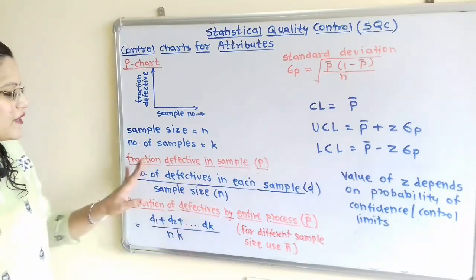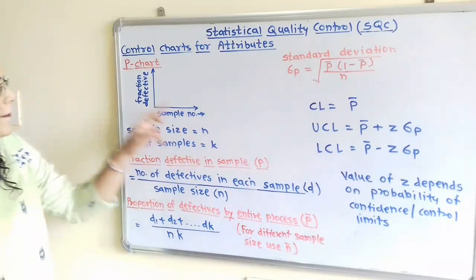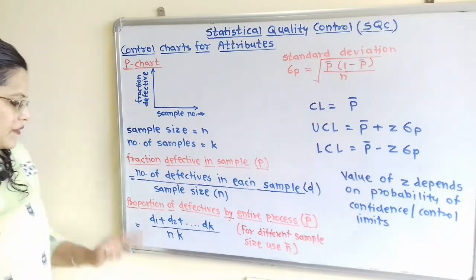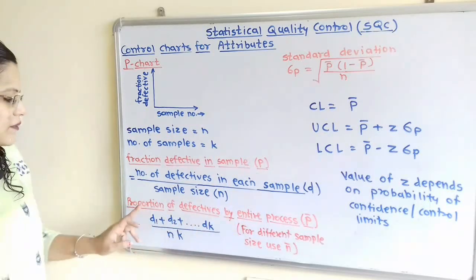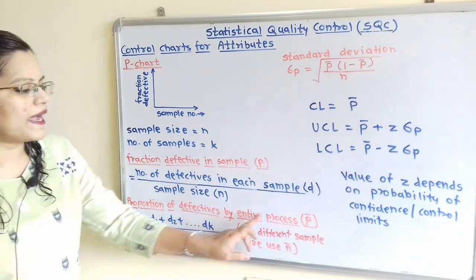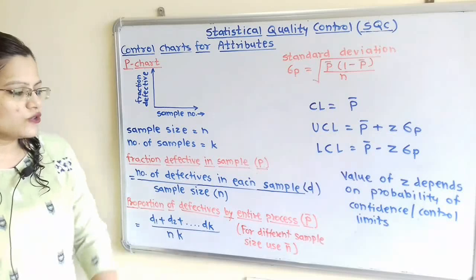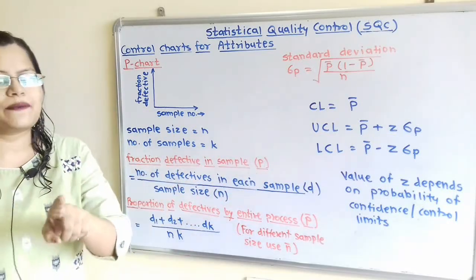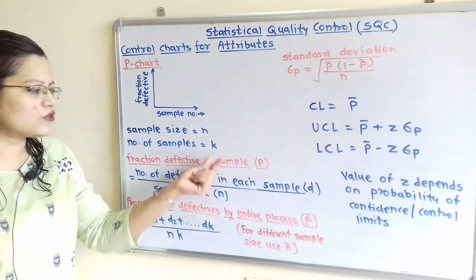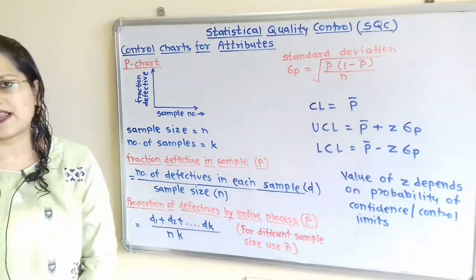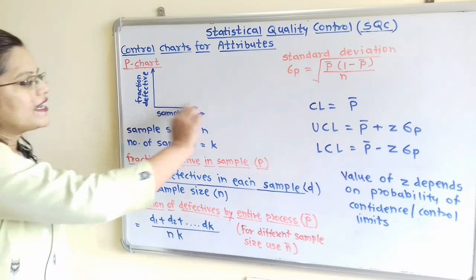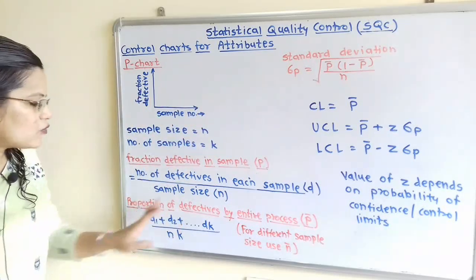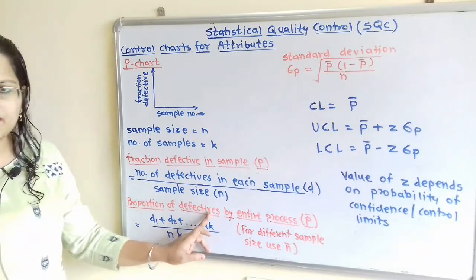In this way we calculate the value of P and plot it on the vertical line. Now we move to the proportion of defectives for the entire process. This is the fraction defective for one sample or for a second sample, so for each sample P is calculated. But for the entire process, that is for all the samples, how to calculate the proportion of defectives?